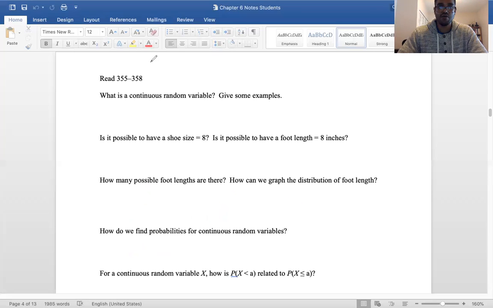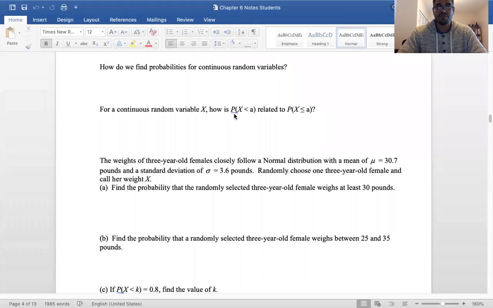Okay. And now, for a continuous random variable, how is the probability of x equaling a related to the probability that x is less than or equal to a? Unlike discrete cases where you have these jumps, and we talk about CDFs a little bit, if you think about flipping a coin, let's say 0 is a head and 1 is a tail.